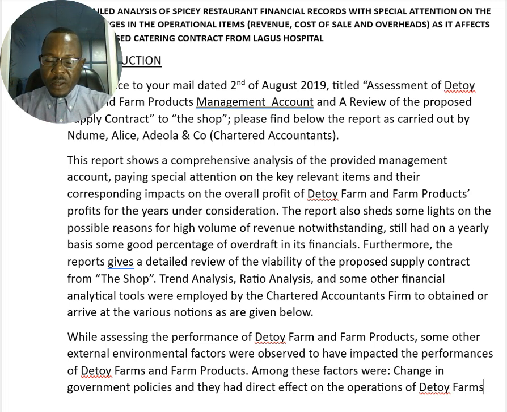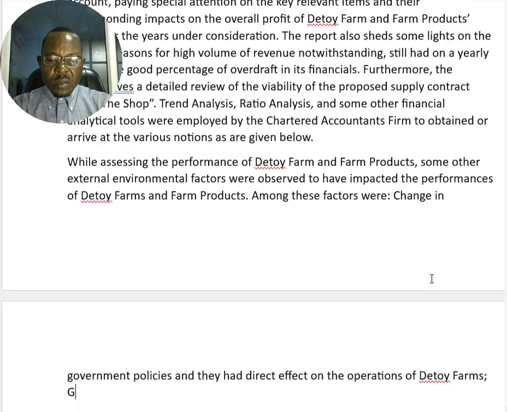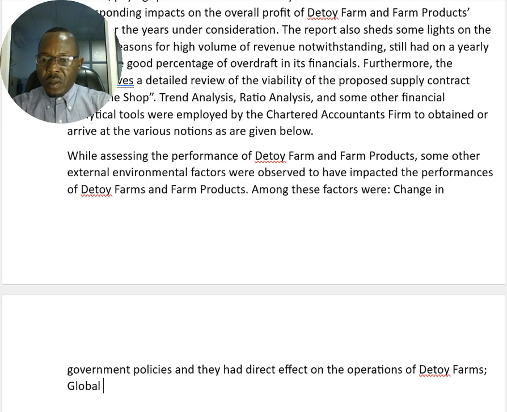Let's change in government policies, comma, then we go on that global view of the hygienic methods of fresh meat production.